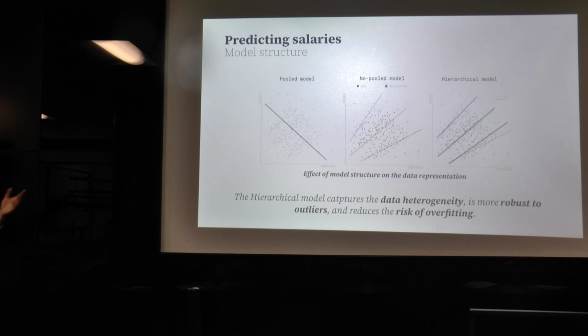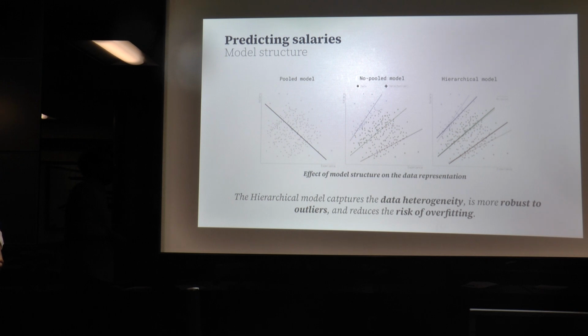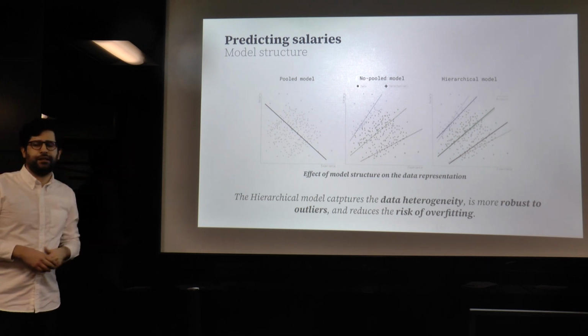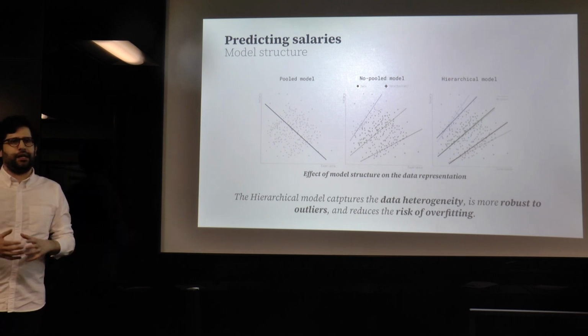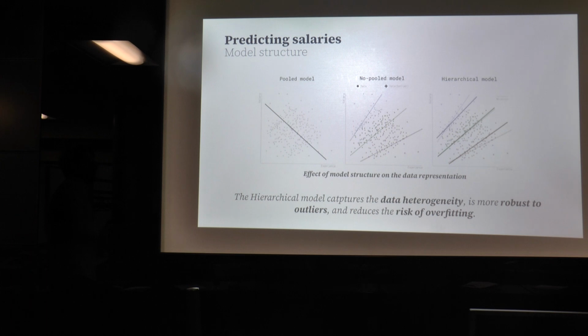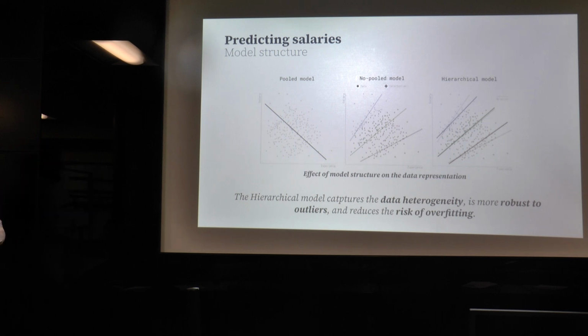So, in this case, we have three approaches to model salaries. We can have on the left side the pool model. In this model, we assume there is no clustering in our data. We assume that there is no difference, and we can see that this model could have some problems with misspecification.